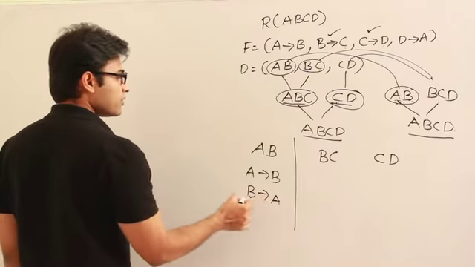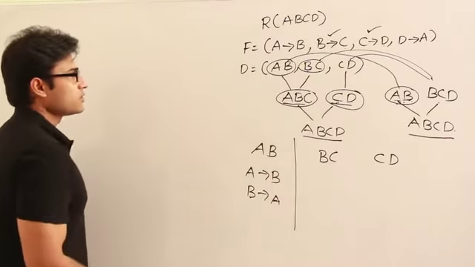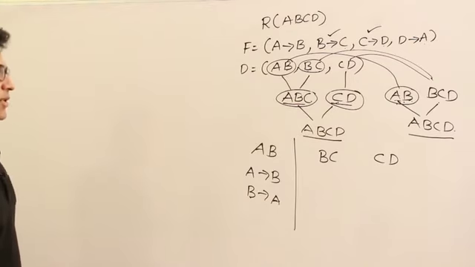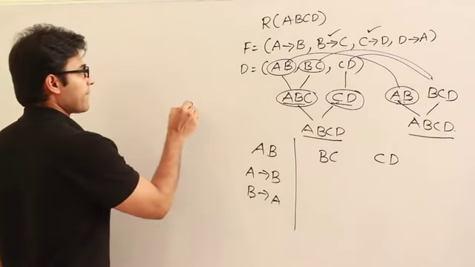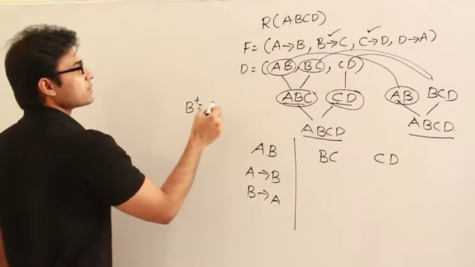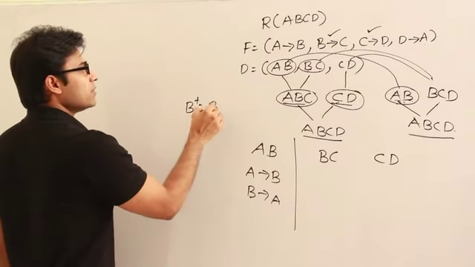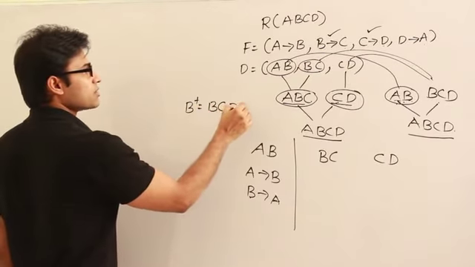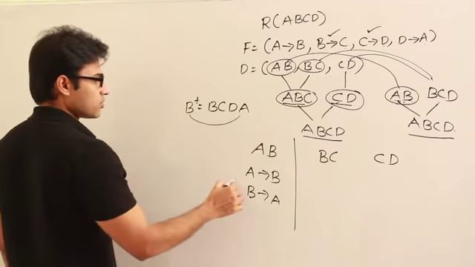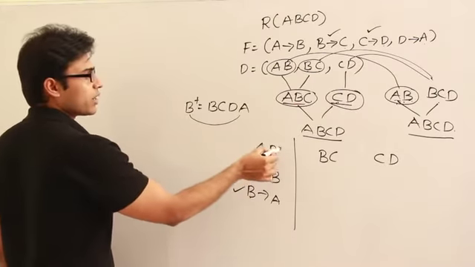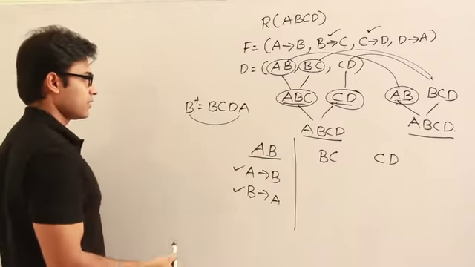I mean, can you derive this dependency from that? There is no direct dependency which is saying B determines A, but then if you find out B plus, it is going to give us B and then C and then D, because of DA, right? All of them, and definitely B is determining A. So this is true. These two are true, and they are applied on this, right?